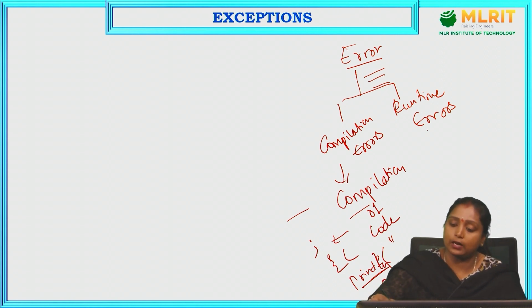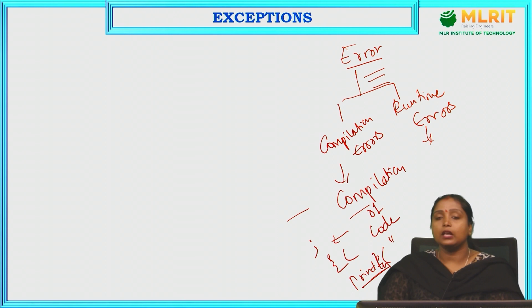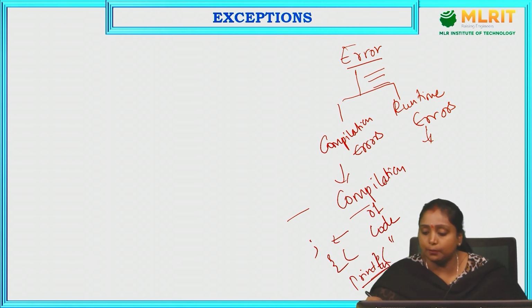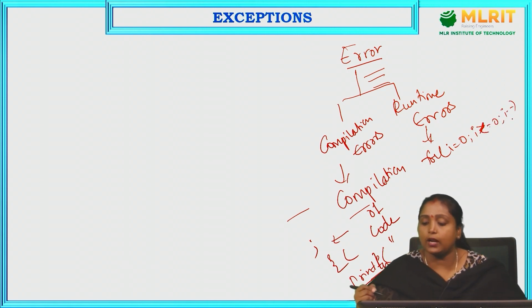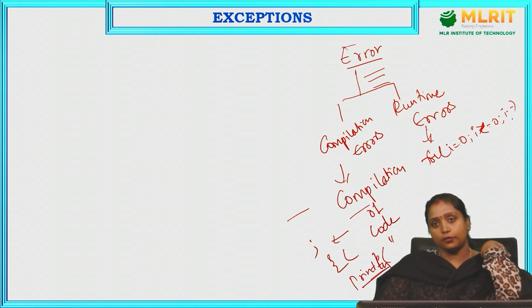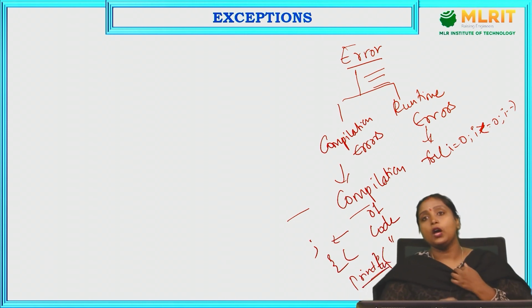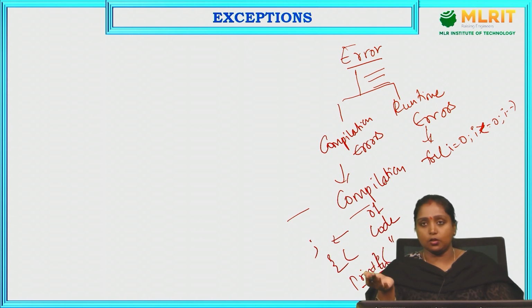Coming to runtime errors, for example, if I am taking a for loop, for i equals 0, i less than or equals to 0, and i minus minus. What happens here? For the very first time i equals 0, i less than or equals to 0, the condition is true, isn't it?